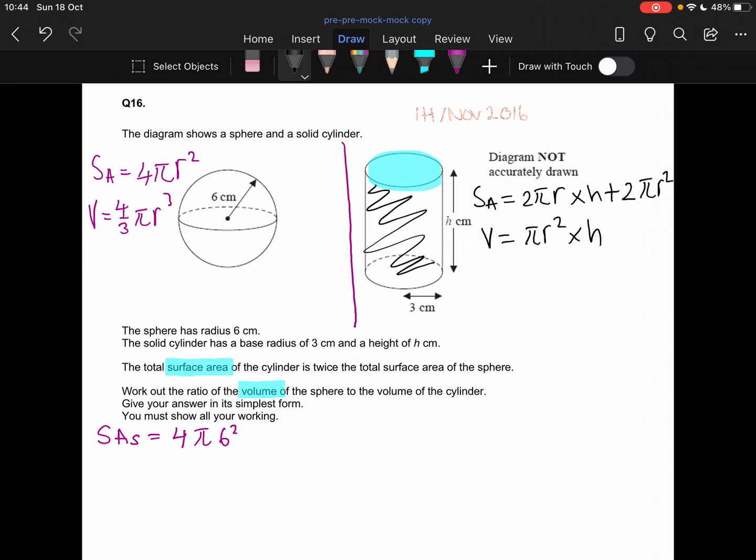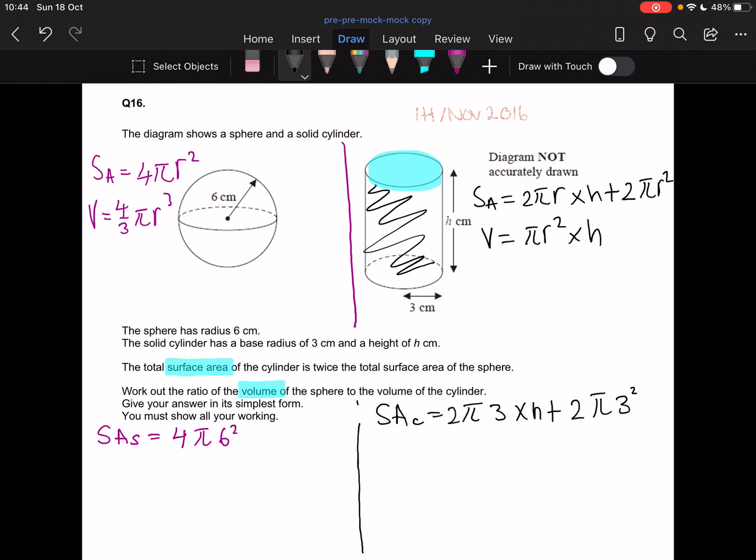And I'm going to do the same for my cylinder, which is a bit more work. The surface area of the cylinder is equal to 2 pi times the radius, which is 3, times the height, plus 2 pi times the radius squared, which is 3.